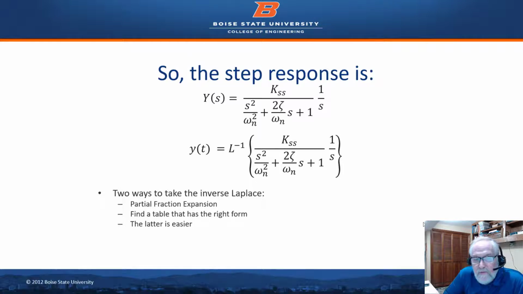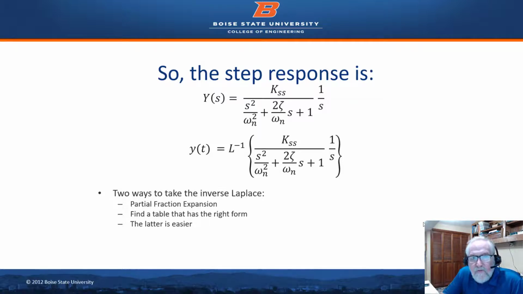All we have to do, and I know that's not a trivial thing, is take the inverse Laplace of this thing. We saw briefly in class, and there's plenty of books and videos that describe this, we can do what's called the partial fraction expansion to break this down into parts and look them up in tables. Or if you're lucky, you can find the form you're really looking for right in the table.